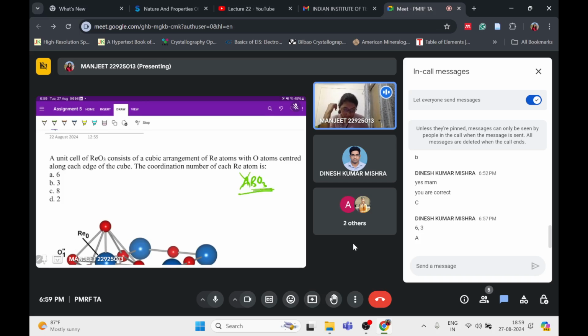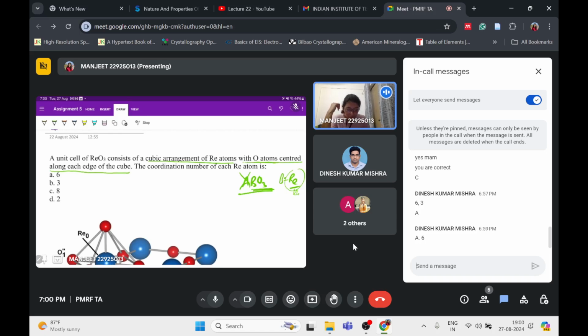This is the BO3, where my B is the Re, sorry, a cubic arrangement of your Re atom with the oxygen atom centered along each edge of the cube. So your oxygen atoms are arranged at each edge of the cube. So what will be the coordination number for each Re atom?